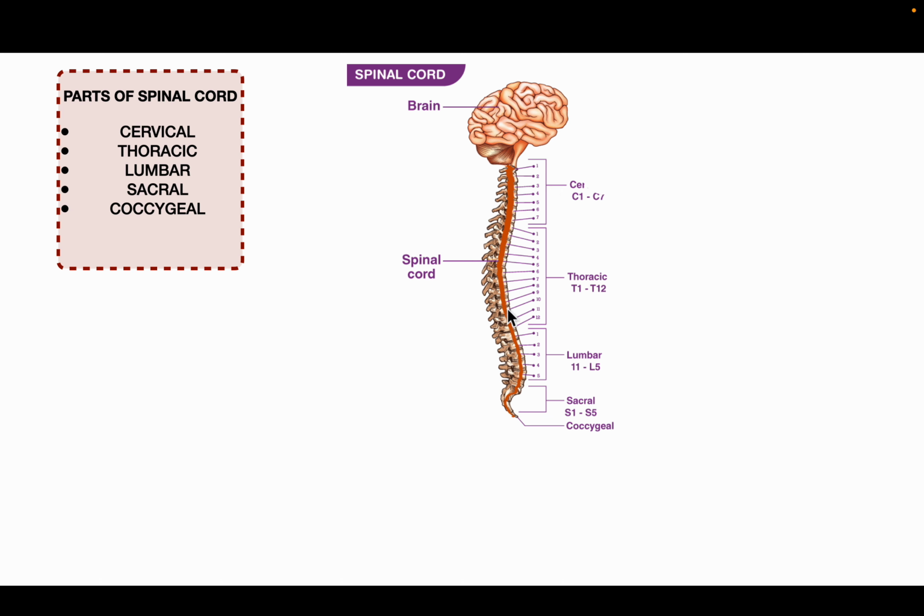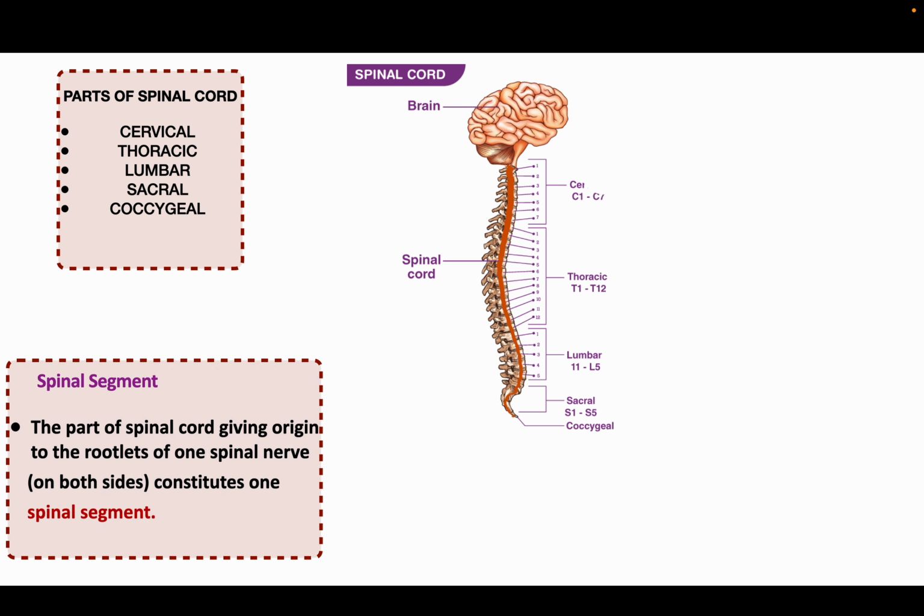So no doubt it is ending at the level of L1, but still we divide it because it is going to give origin to the number of spinal nerves. So we just divide the spinal cord's parts according to that. That is, the different parts correspond to the different spinal nerves which are arising from the spinal cord.